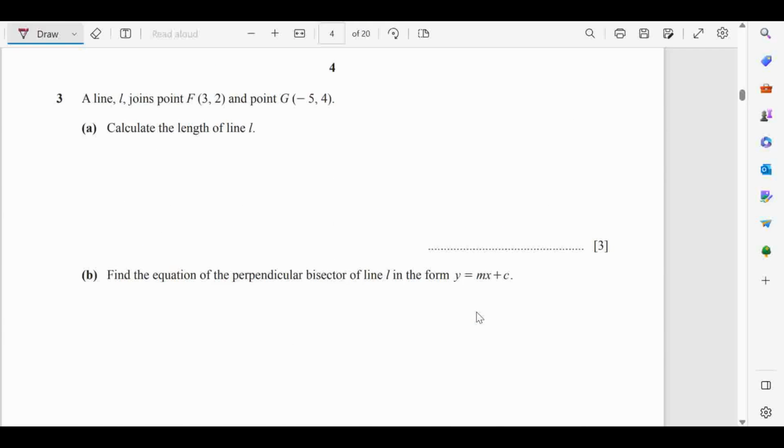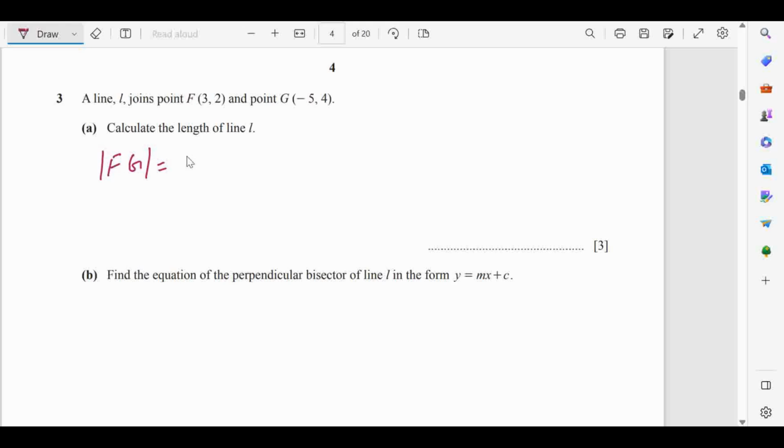Let's move to question number 3. A line L joins point F and point G. Calculate the length of L. So we need to find the length of the line L, which means we need to find the distance.